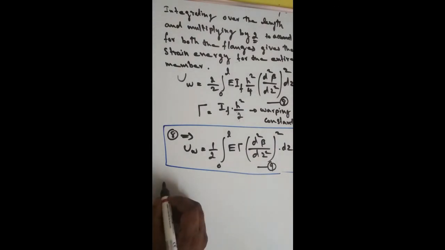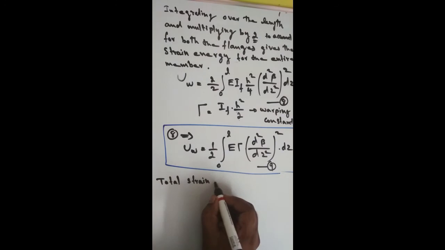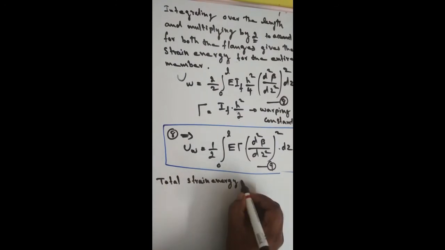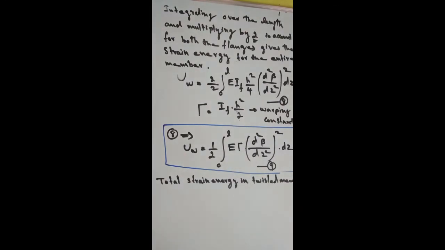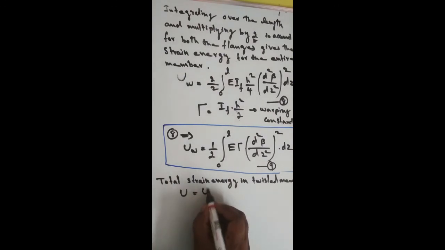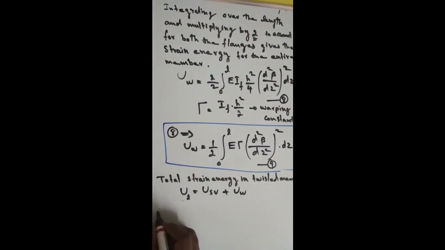In a cantilever beam, we have pure torsion as well as warping torsion. The total strain energy in the twisted member is obtained by adding St. Venant's torsion or pure torsion plus the strain energy due to warping torsion.